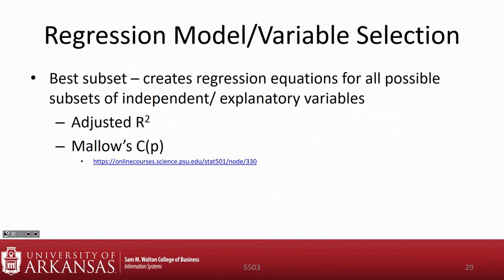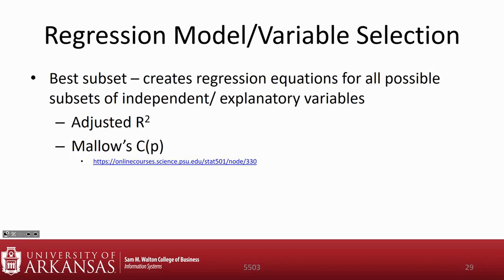Other options: you could actually try every possible subset. The more variables you have, the more computationally expensive this is. But you could look at every possible subset, and SAS will do this for you, and then rank them by the adjusted R-squared, or there's another metric called Mallows' Cp.